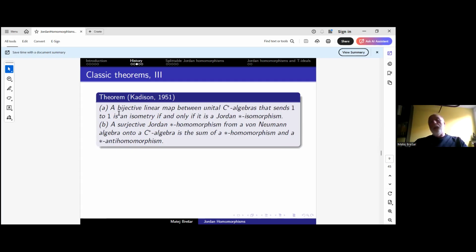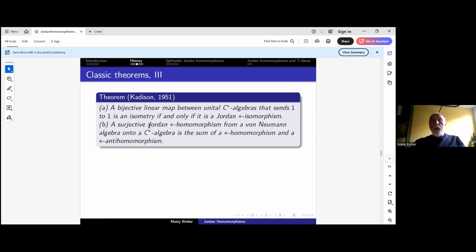So Kadison, in this very famous result in C*-algebra theory, proved that bijective linear maps between unital C*-algebras preserving unities are isometries if and only if they are Jordan isomorphisms, which also preserve the involution. So it's a really beautiful theorem. It connects this geometric condition, isometry, with the algebraic condition, being a Jordan isomorphism.